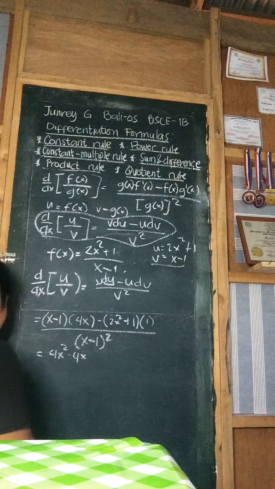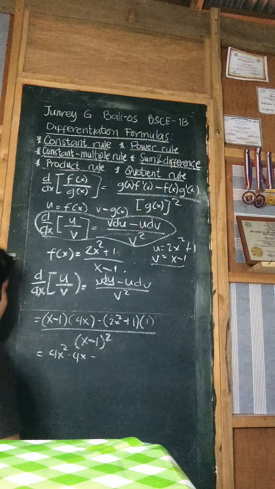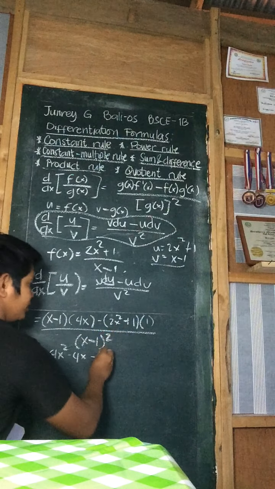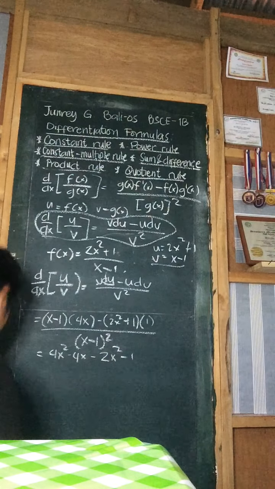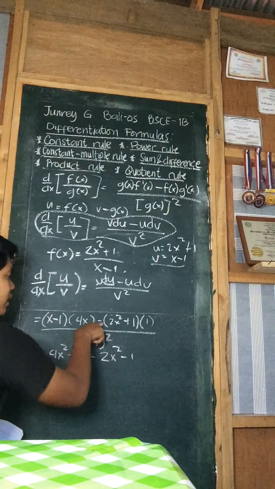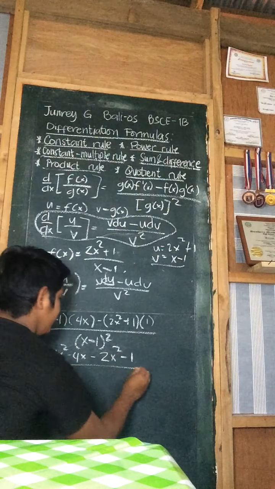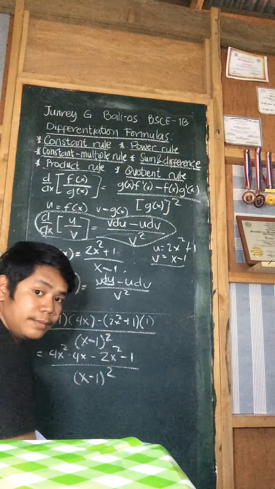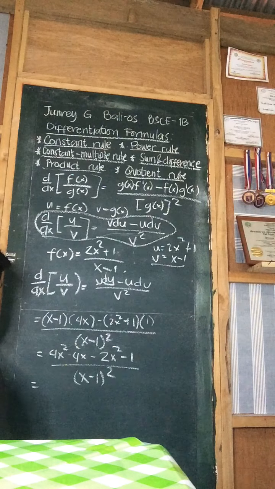Right? Then minus, bring down this one. Ito magiging 2x squared na, minus 1. Kasi 1 ay negative times positive, magiging negative. Over x minus 1 squared. Kita pa ba? Kita pa. So, just combine the like terms.